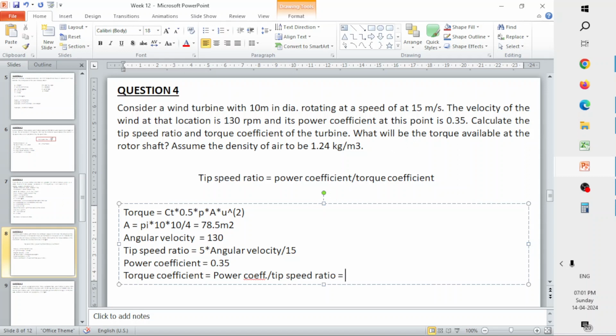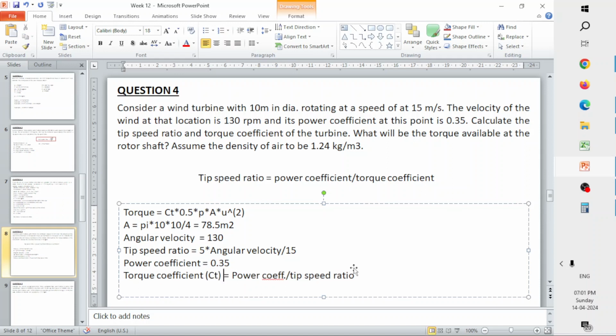So what will be the tip speed ratio? You can calculate the tip speed ratio. Once you know the torque coefficient, that is the value of Ct, after that you just need to substitute. So torque will be equal to Ct times, once you calculate.